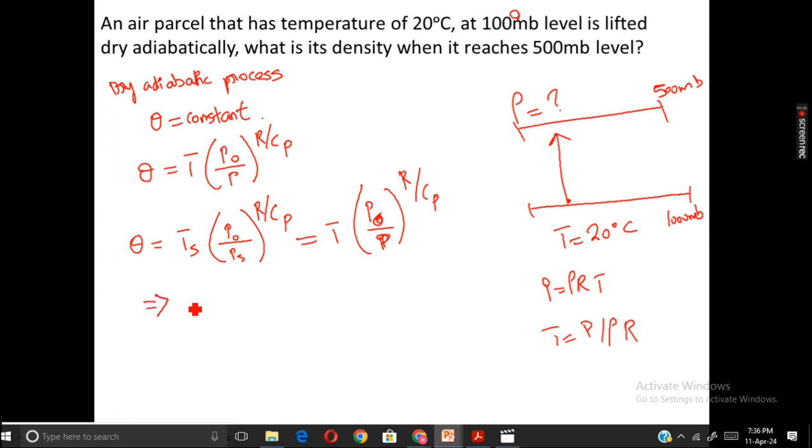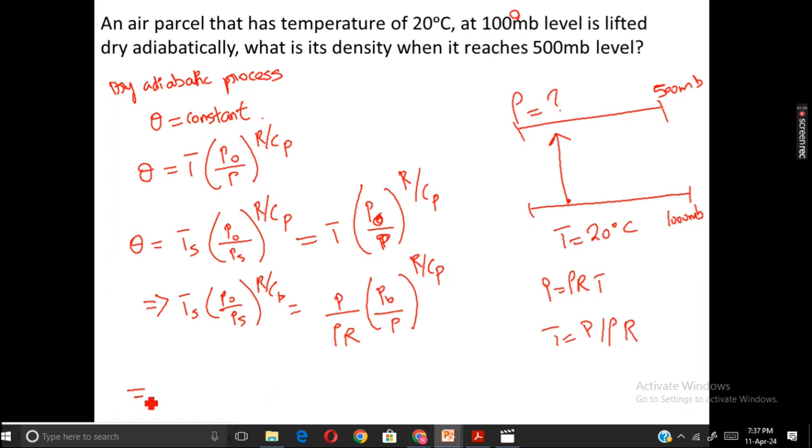So Ts into (P0 by Ps) raised to R by Cp is equal to, instead of T we write P by rho R, into (P0 by P) raised to R by Cp.